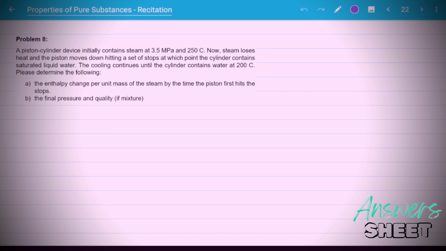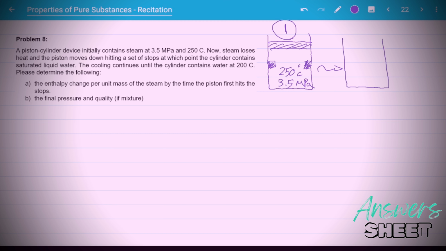Okay, so what's happening is that we have a piston and cylinder, something like this. Now there are stops in this piston cylinder system. We initially have a situation like this. So this is the initial state. We have 250 degrees and the pressure of 3.5 megapascals. We are going to cool down until the piston hits these stops.